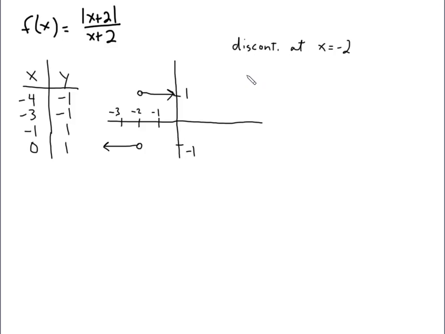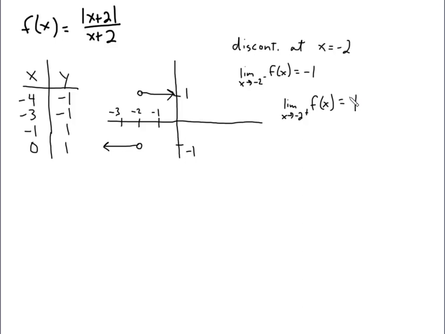And the reason for that is if you take the limit as x approaches -2 from the left, as we see on our graph here, that's going to be -1. And if you take the limit as x approaches -2 from the right, you see from our graph, and also from our table for that matter, that the limit is 1.